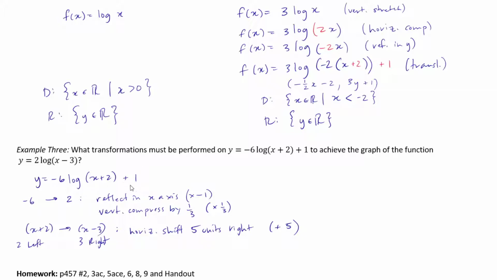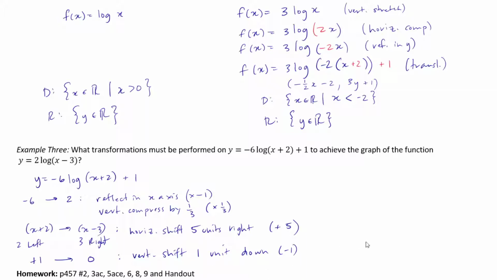The last thing is we see that this function is shifted up 1, but there is no vertical shift on this one. So how am I going to go from +1 to 0? Well, I'm going to have to vertically shift 1 unit down.